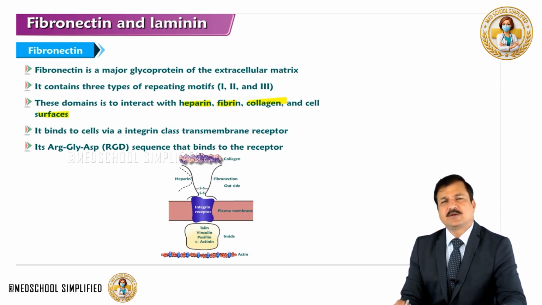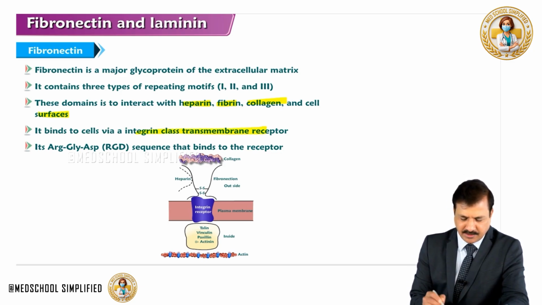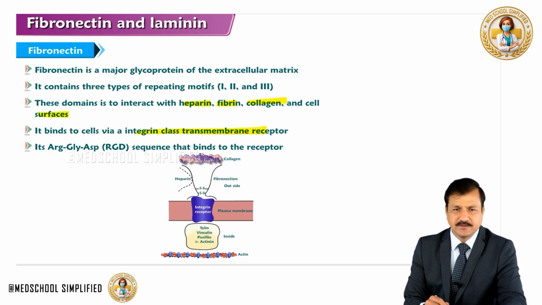So fibronectin binds to cells via the integrin class of transmembrane protein, as it is shown in the figure here.